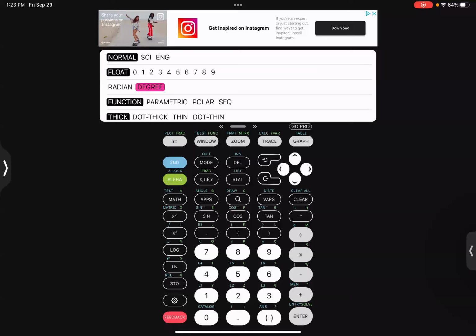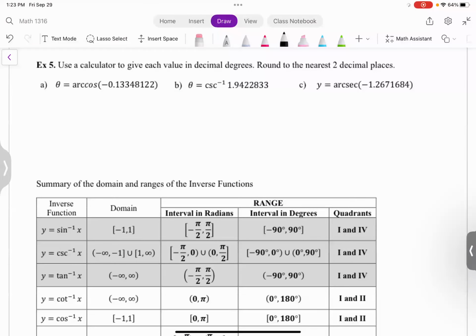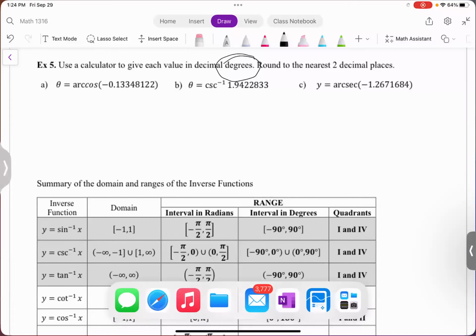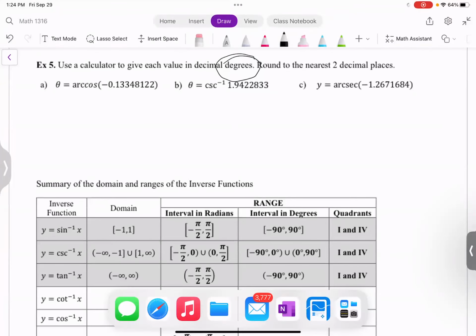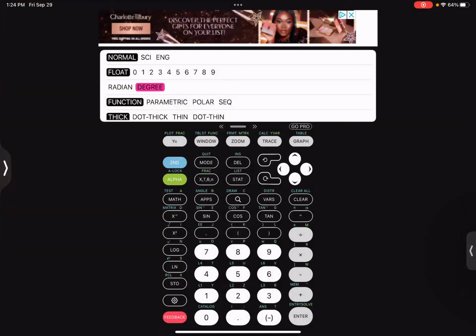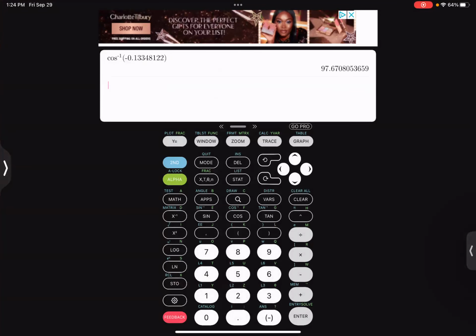I click the mode. Oh, this is degree. So if the question is asking you to find the degree of theta, I will choose this one. Click second mode, and then put this degree on the notes.